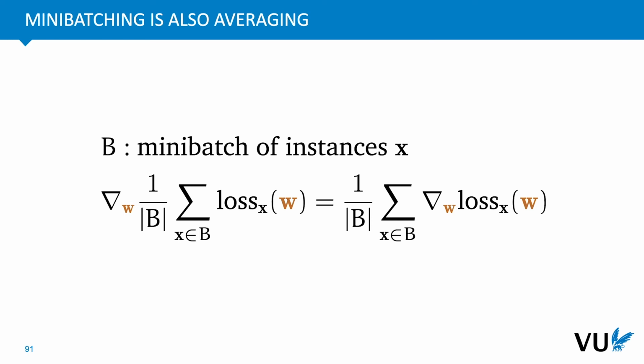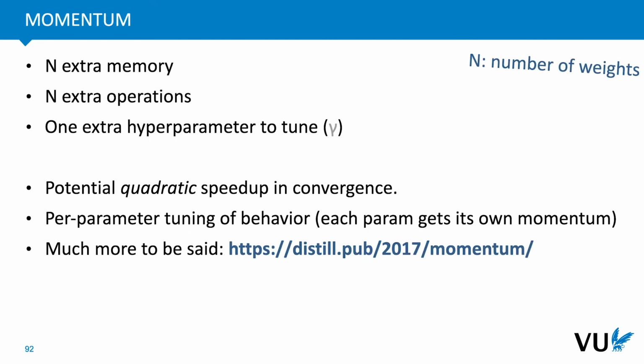So if we are performing gradient descent on the mini batch, we are essentially doing per instance gradient descent, but averaging the gradients over the batch before doing the update step. So in this sense, we see that mini-batching also has this averaging effect and helps us to stabilize learning by canceling out gradients.